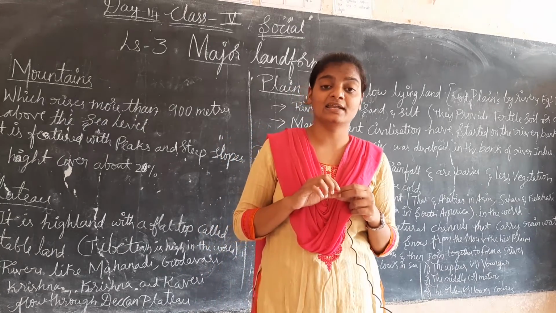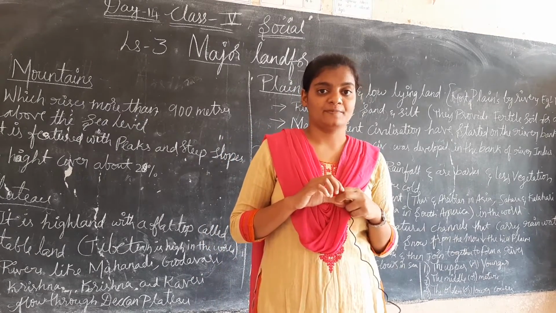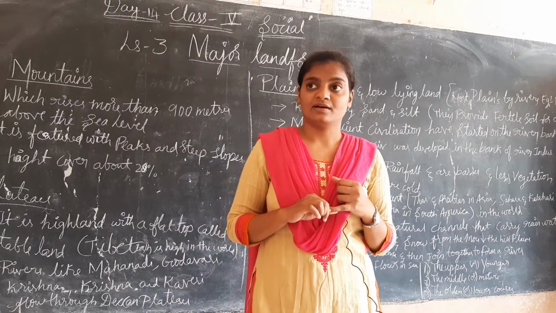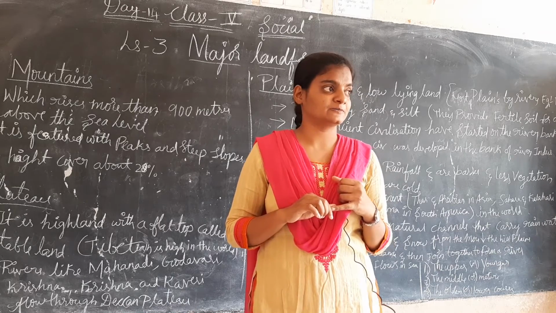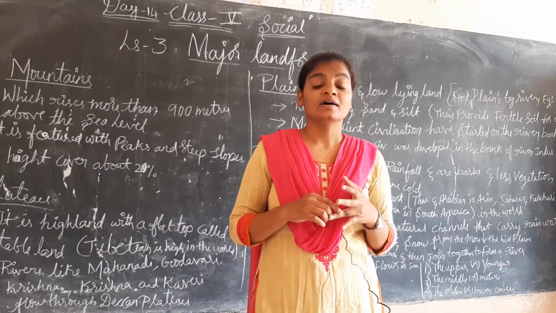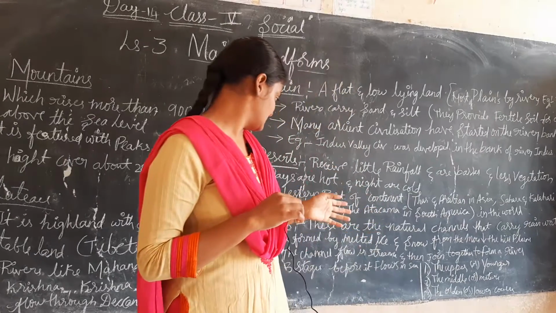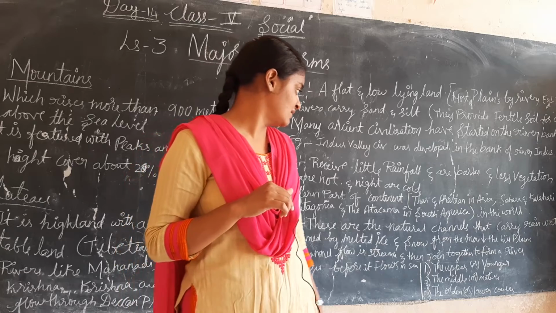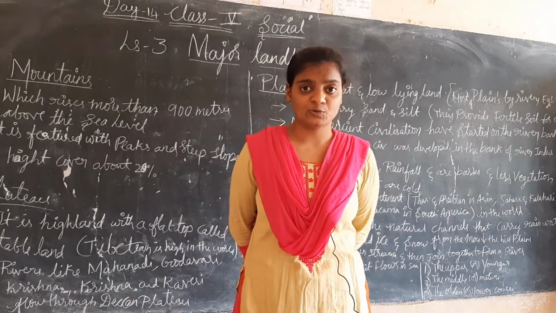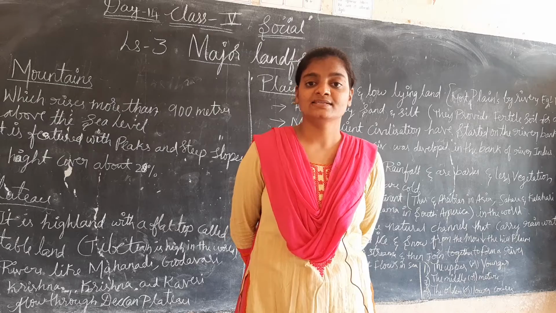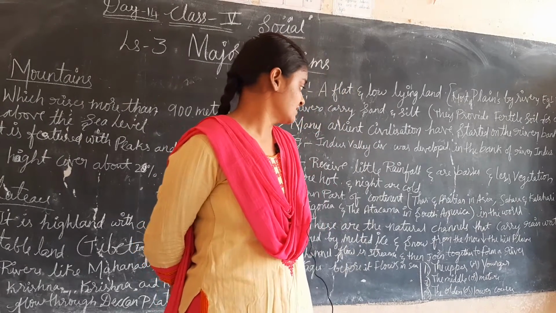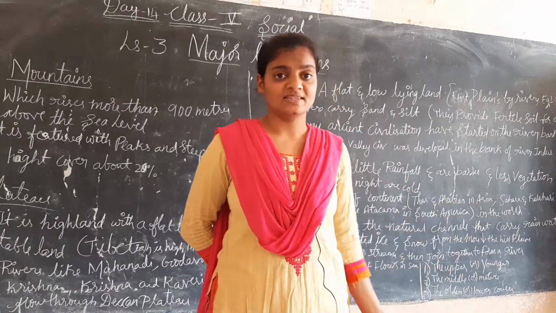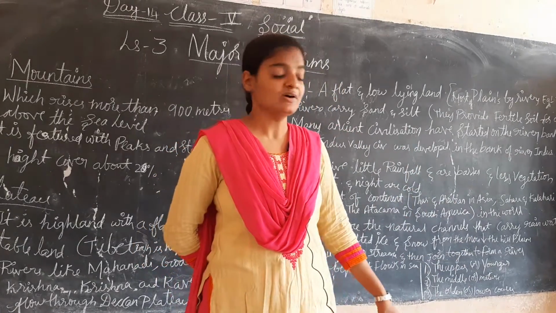Next, the Great Victoria and the other deserts in Australia. Next, the Patagonia and the Atacama deserts in South America. So these are the deserts in the world.